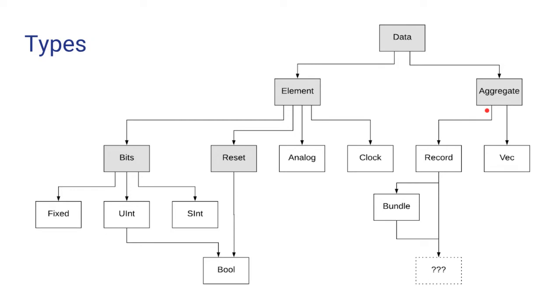On the other side of Data, we have Aggregate. Aggregates are a collection of leaf nodes, where leaf nodes are Elements. In Aggregate, we have Vecs, which, as you know, are like arrays, where every single sub-element has to be the same type and the same width, which is very important. On the other side, we have Records. Record is a name that many of you may not be familiar with, whereas you're probably more familiar with Bundle.